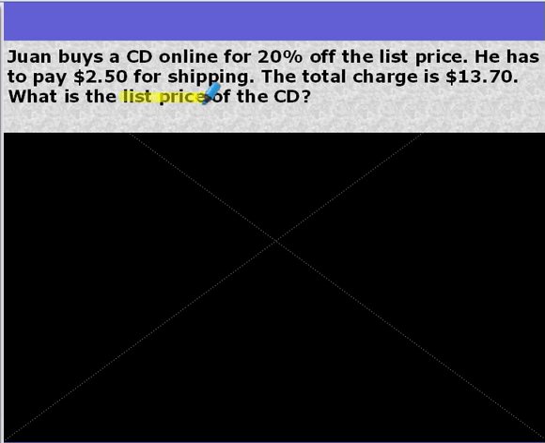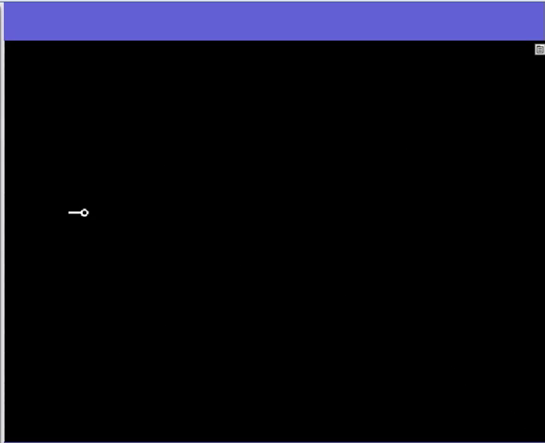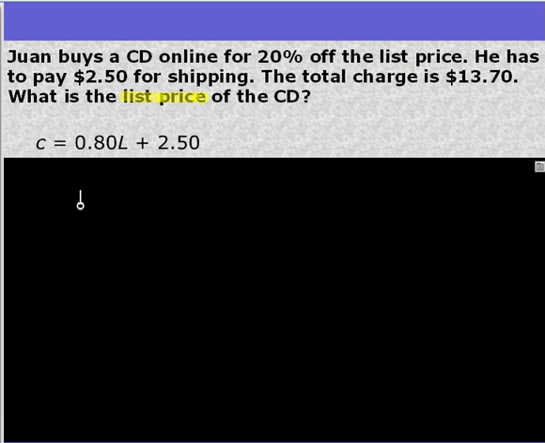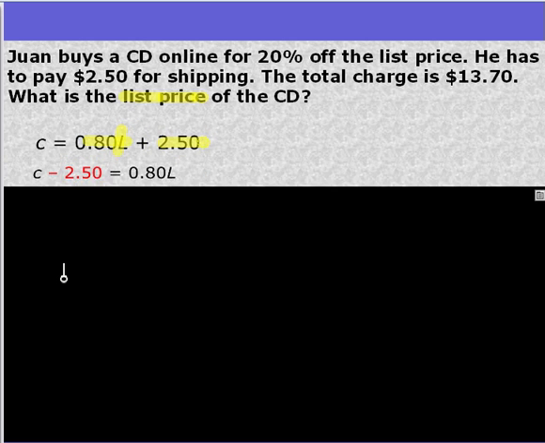We know that the cost of the CD, where they define L as the list price, was 80%, since it's 20% off, of the original price, plus the $2.50 for shipping. And they're going to get L by itself because that's what we want to find.